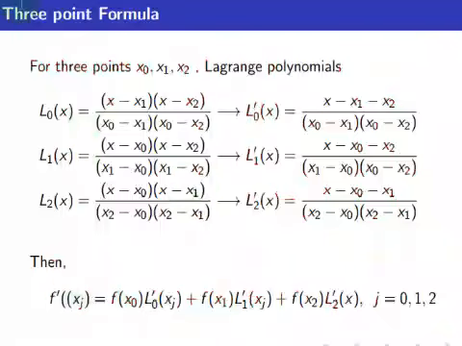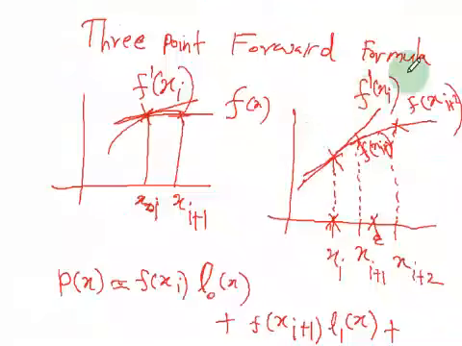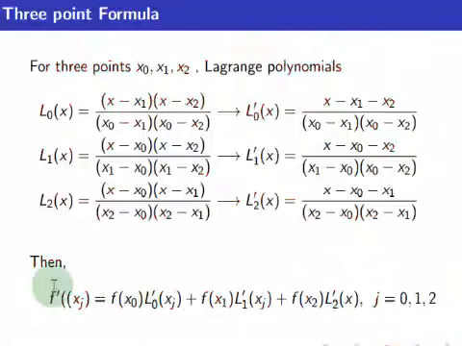Then because you are finding an approximation to this f prime, you have to differentiate this one, the Lagrange interpolation polynomial. So that's why you are getting L0 prime, L1 prime, L2 prime. Find those things and substitute that point.